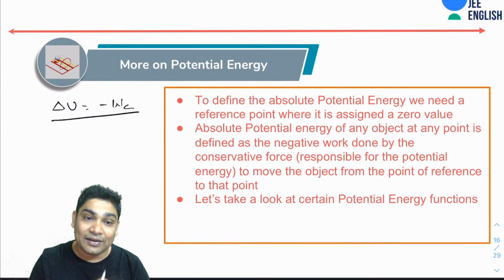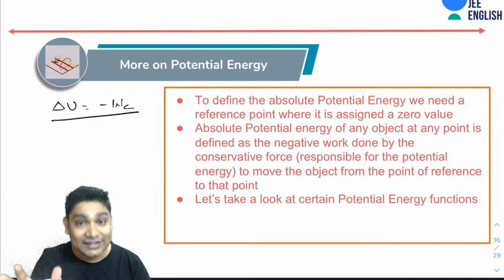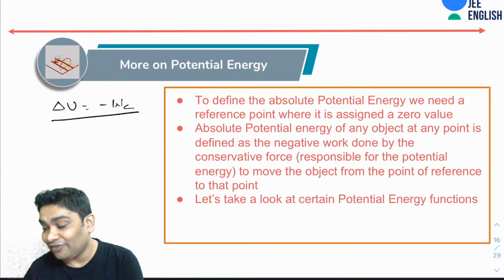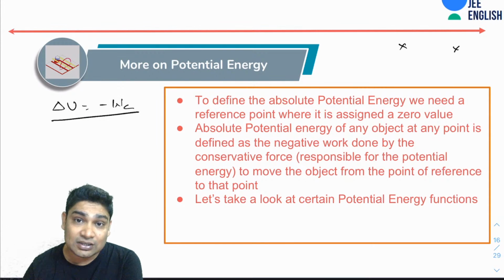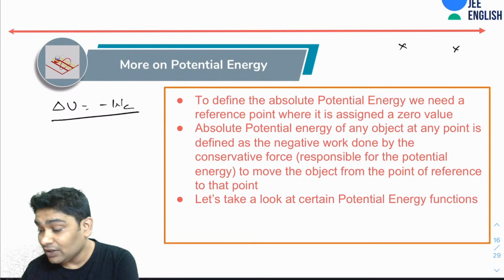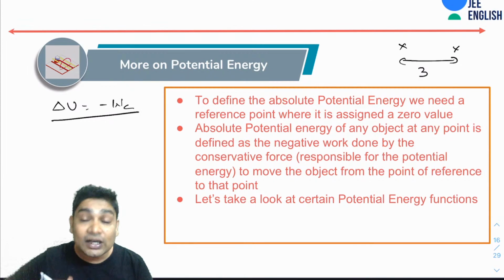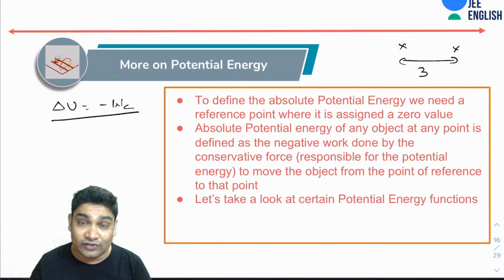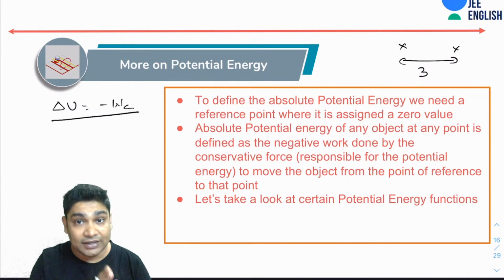It's something like a coordinate system. Suppose if you had a point here and if you had a point here, and I asked you what is the distance between 2 points. So let's say the distance was 3. Now if I asked you what are the exact position coordinates of these, then you are free to choose an origin, a 0.